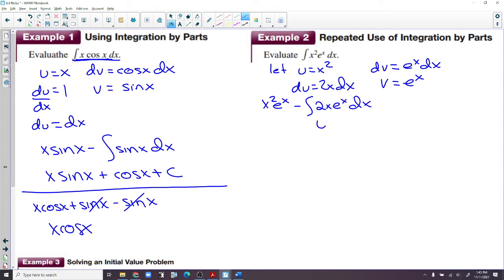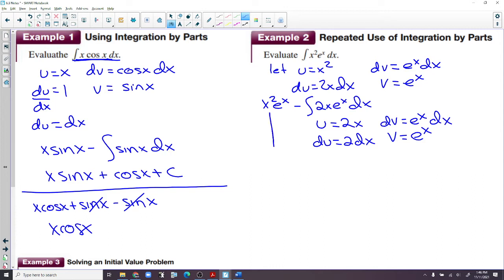And then we're kind of home free there. So u equals 2x, du equals 2 dx, dv is e to the x dx, and then v is e to the x. So we're doing this one more time. That's all we need. We have to do this twice. I'll never ask you to do more than 2 times with these.